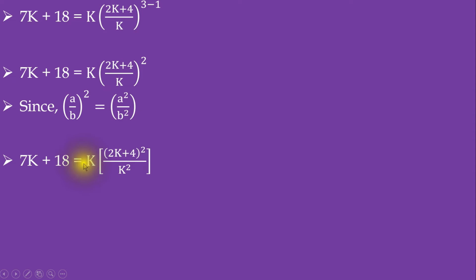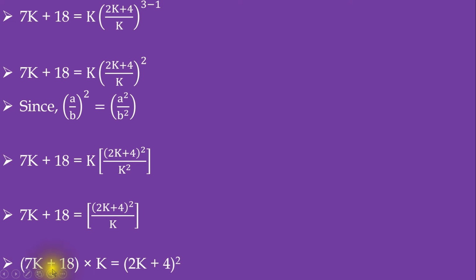So the next step will be 7k plus 18 is equal to k into 2k plus 4 whole square whole divided by k square. In this RHS, the k and k square will be divided. Therefore, the term k will be cancelled and the term k square will be reduced to k. So the next step will be 7k plus 18 is equal to 2k plus 4 whole square whole divided by k.